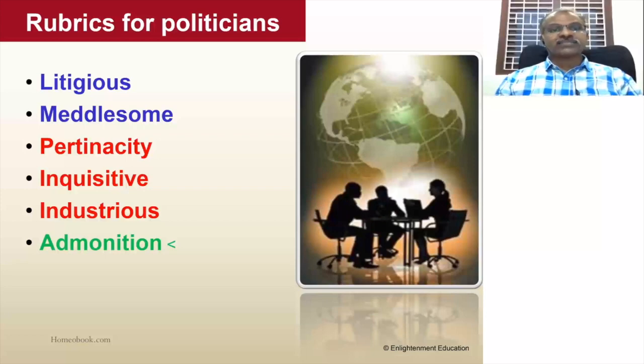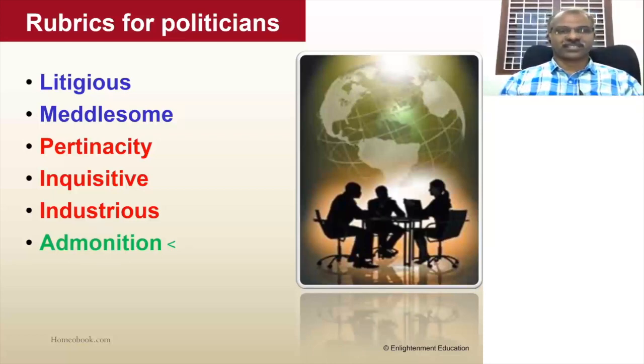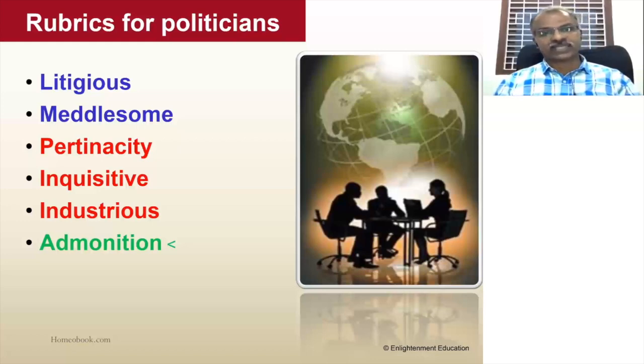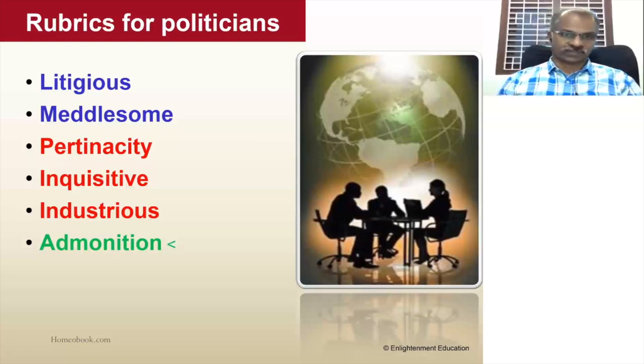And the meddlesome. Why do I always compare the rubrics, as I said earlier? Then only it is easy to select the most appropriate rubric for a particular condition. So husband and wife have a problem, and I unnecessarily interfere between the husband and wife and make the problem worse. So that is the meaning of meddlesome: interfering in others' matters which may not concern him.